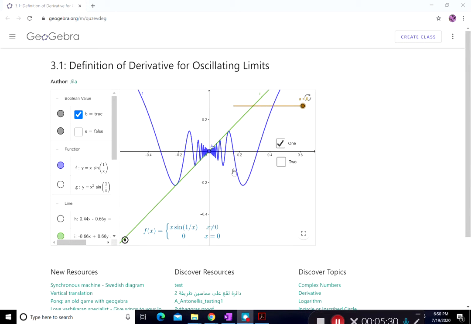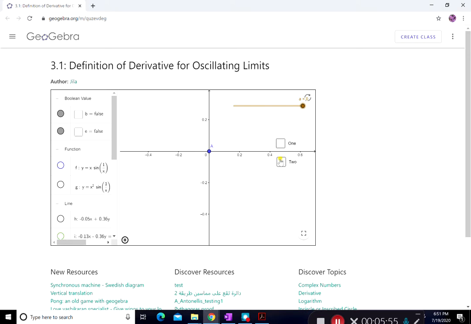So if you go to the app, you see that right now this point C is getting closer and closer to A, and as it gets closer and closer to A, the secant line just goes crazy and oscillates really, really fast. To fix this, you can move to this point.